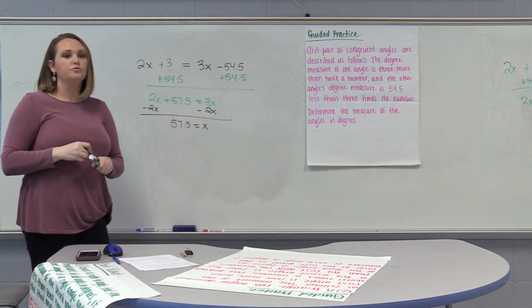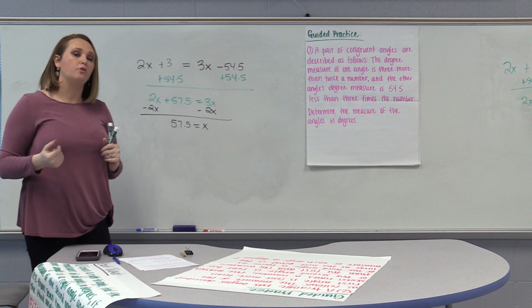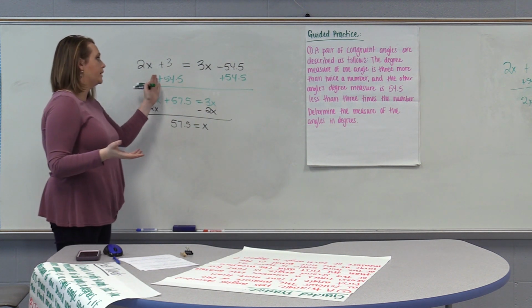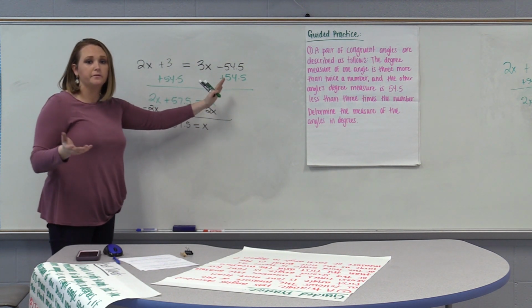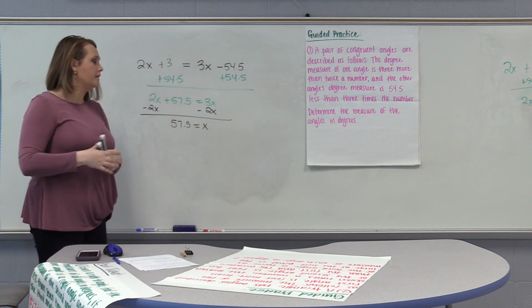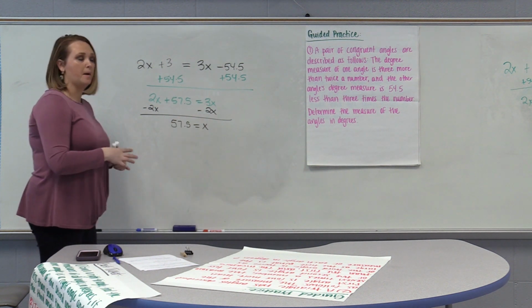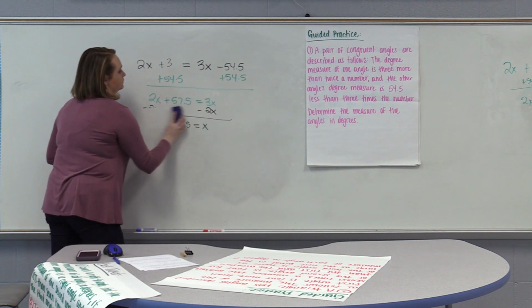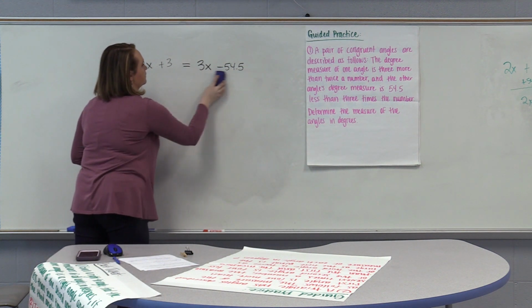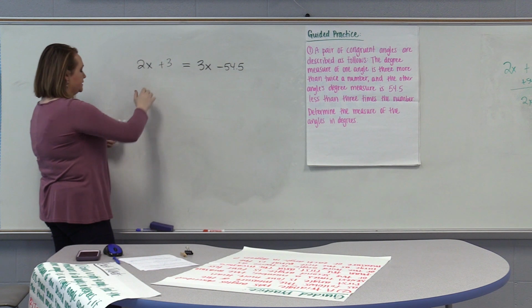Now, again, I'm trying to figure out what each angle measure is. If I figure out one, then I have figured out the other because, of course, they are congruent. So let's plug in this value of x to see what we come up with. I'm going to start with this left side.